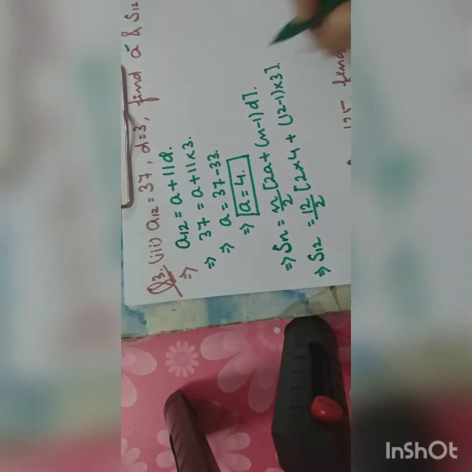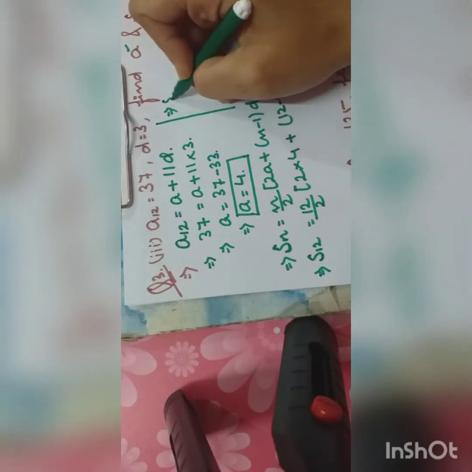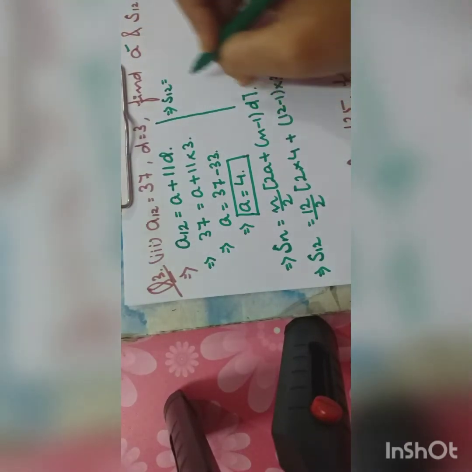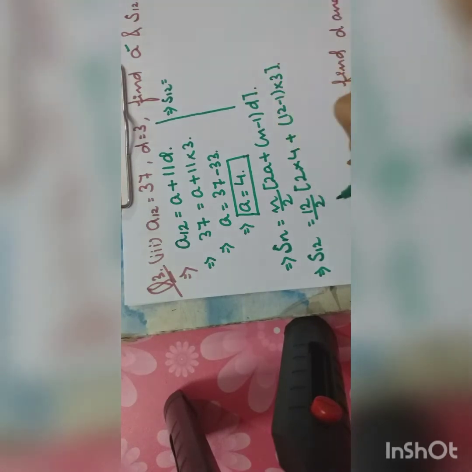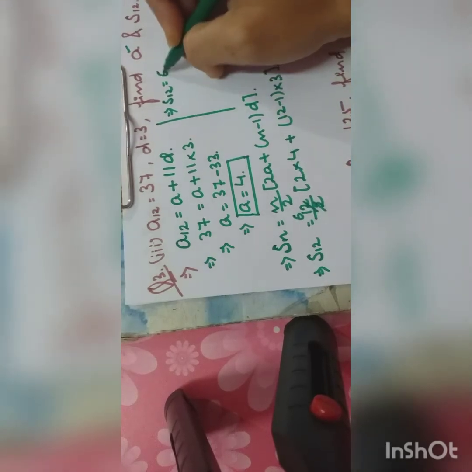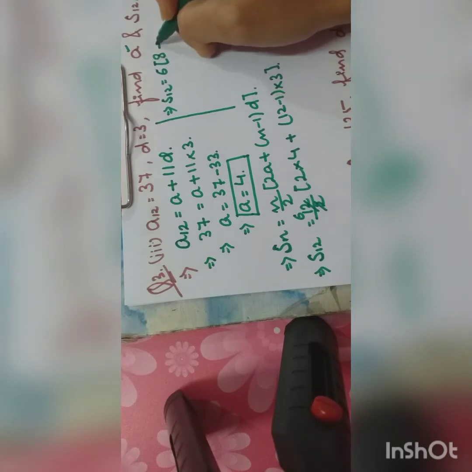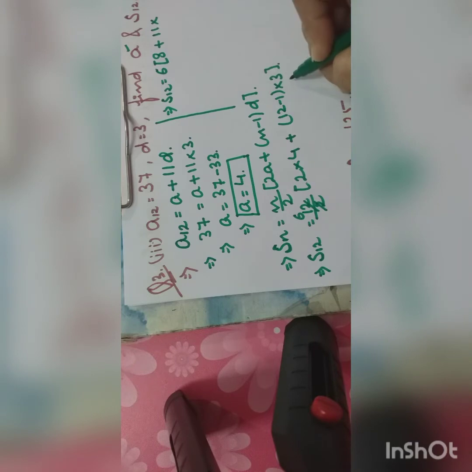So I have to just solve this equation to get the value of S12. I am writing it here on the right side of the column. When I simplify it, 12 and 2 will get cancelled out, since 2 sixes are 12. So here it will be 6 into, in bracket, 2 into 4 which is 8, plus 12 minus 1 which is 11, into d which is 3.